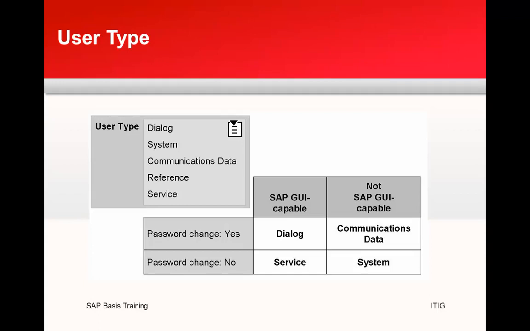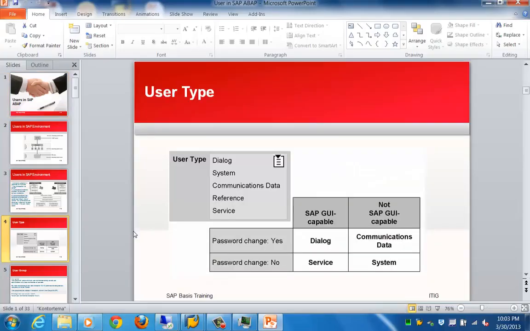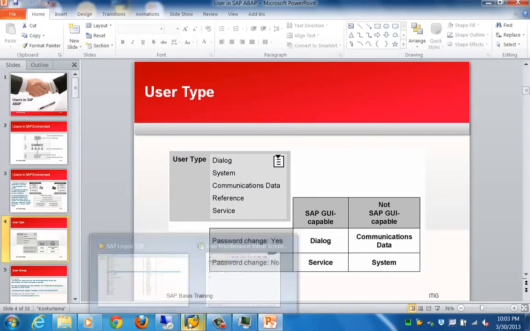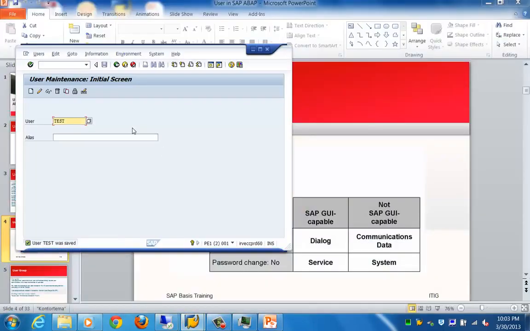Okay, so basically you go to the transaction called SU01 to create and define all these user types. Let me go to the SU01 transaction. Here you can see I am in the SU01 transaction. So let's say I want to create this user.